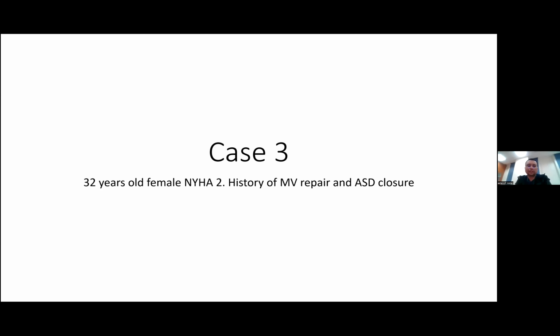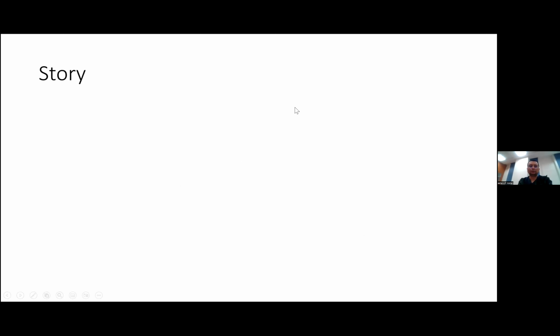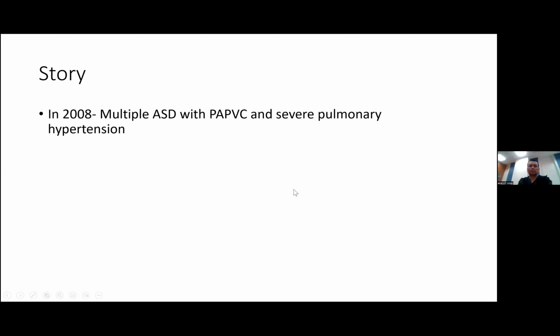All right, so we have case number 3. We have a 32-year-old young female in New York Heart Association class 2, with a history of mitral valve repair and also ASD closure. So that's the story. In 2008, she had multiple ASDs and anomalous pulmonary venous drainage with severe pulmonary hypertension.